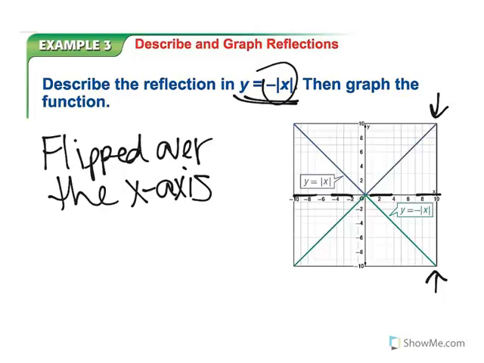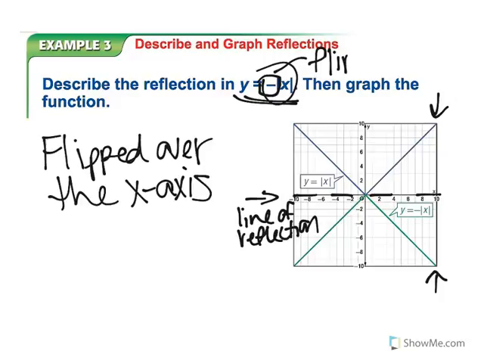If it flips over some line, in this case, our x-axis was our line of reflection. Now let's look at what we did to the equation. If we have a minus sign being multiplied to our function, it means it's going to flip our function.